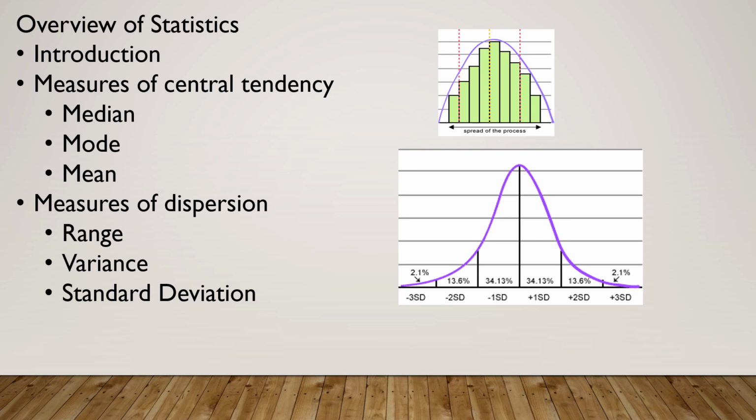And as you move forward out to the extremes, we find that 95.46% of occurrences happen within plus or minus 2 standard deviations. Then finally, 99.66% of all occurrences happen between plus and minus 3 standard deviations.